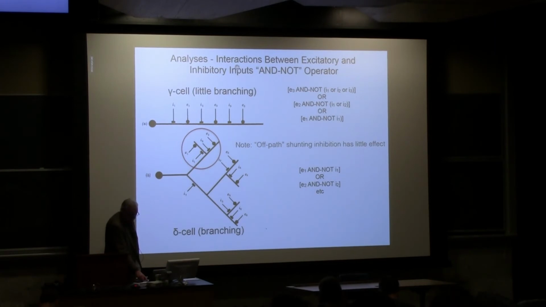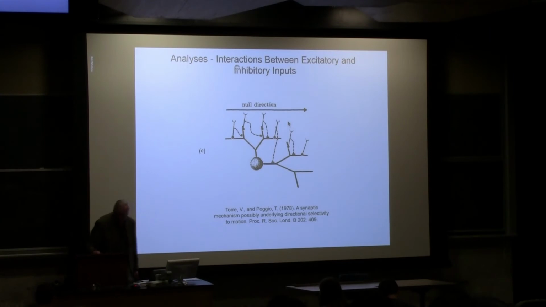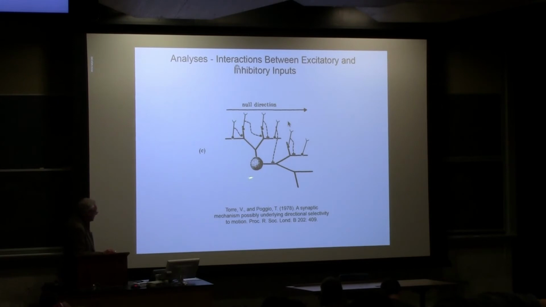Okay, the null direction, this is a hypothesis, comes about if this neuron that is impinging onto the retinal ganglion cell, if the filled black circles are excitatory inputs and these black rectangles here are inhibitory inputs, and if the timing is right, the velocity of the bar is right, the travel time of the signal to the site of inhibition is correct, if all of these things are adjusted correctly, then the neuron is excited by this synaptic event here.